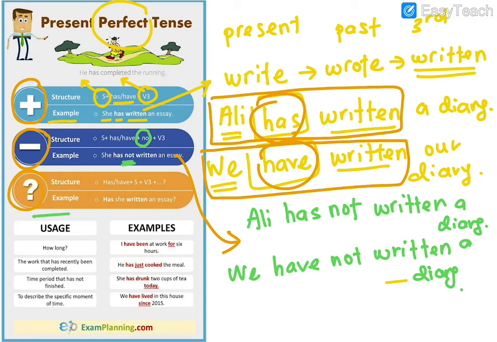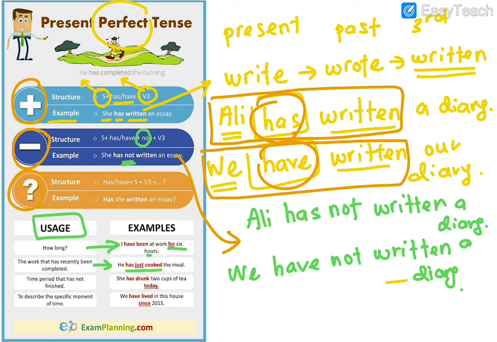So let's look at the usage. The first one, how long? It means you want to tell the audience how long. I have been at work for 6 hours. And then the second usage, the work that has recently been completed. He has just cooked the meal, or you have just finished the homework.